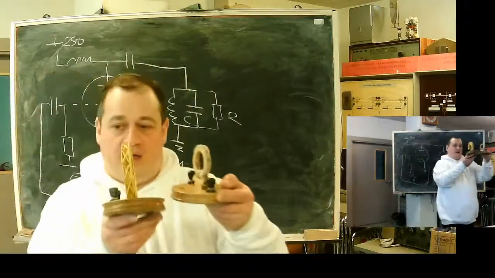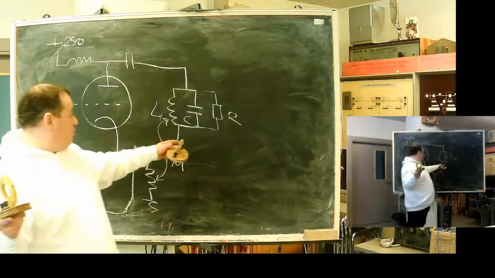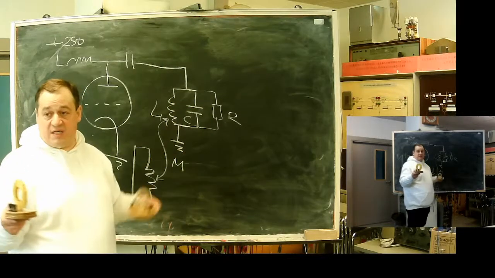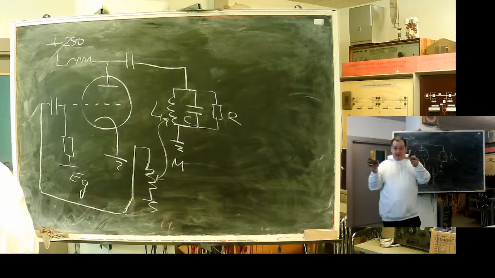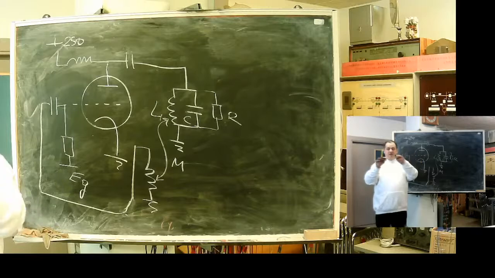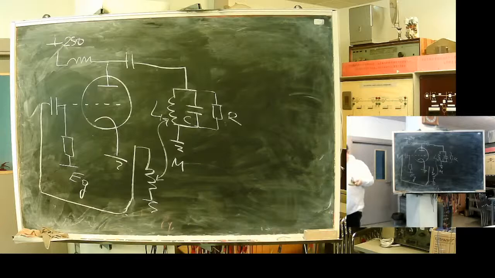The bigger one will work as a resonance circuit. I'll have a capacitor here. It will be a resonance circuit. And this one, smaller, will be used as feedback. The idea is that I can move them freely. With direction, I change, let's say, the amount of feedback. But also, I can turn the coil, changing the sign. Yeah, plus minus. So I can freely control feedback simply by changing the position of the small coil.